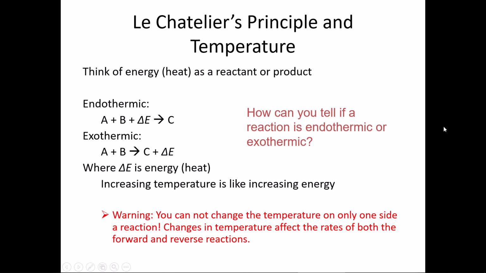So we're only doing this to try to understand the concept. Heat is not only on one side or the other. So that's my warning. You cannot change the temperature of the reactants and not the products. You're changing the temperature of the whole reaction. But whether you have endothermic or exothermic reactions will affect which direction the reaction moves in.